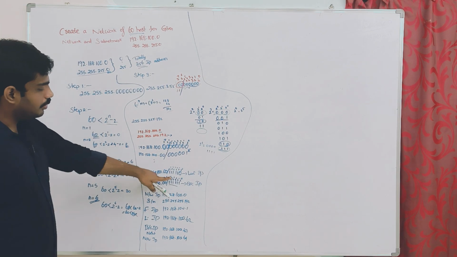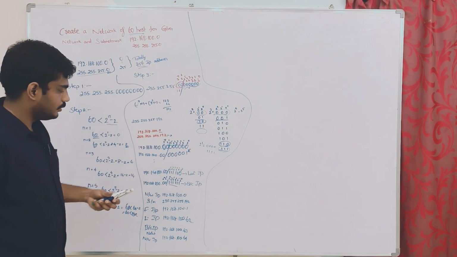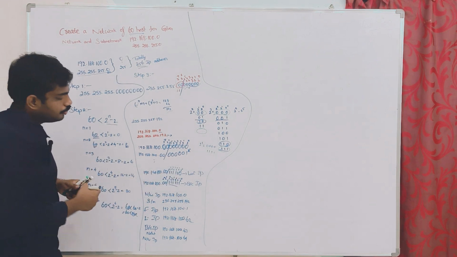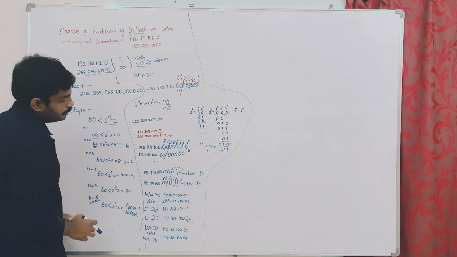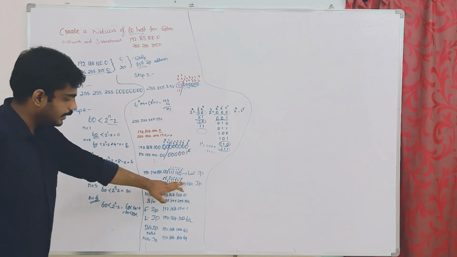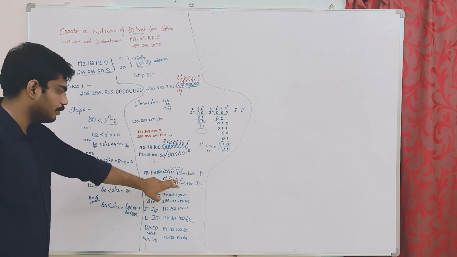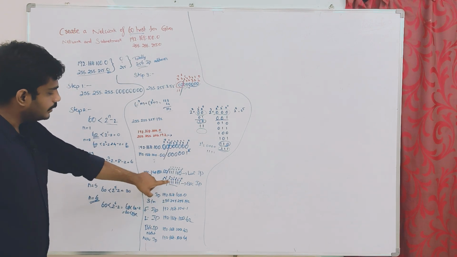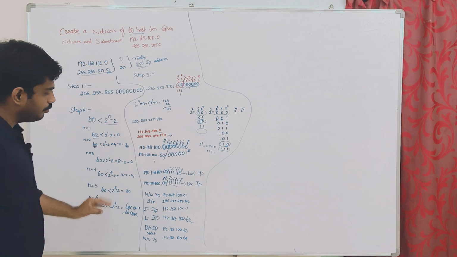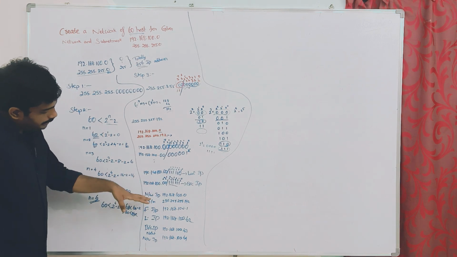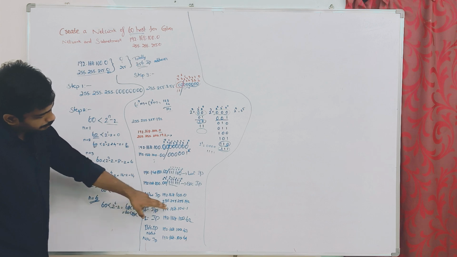You multiply all this so that you will get the last IP. Finally, you make everything 1, and again you multiply with 2 power 0 into 1, 2 power 1 into 1, like that up to 2 power 5 into 1. Finally you will get the network IP and the subnet mask.